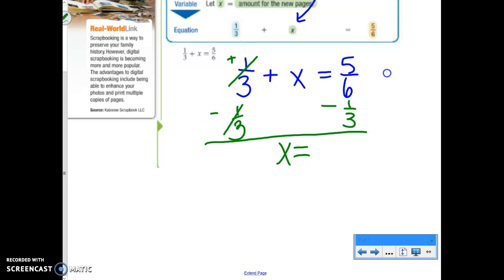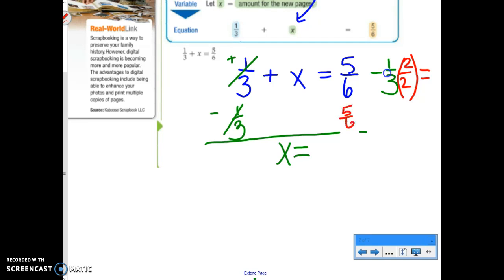But keep in mind that, and actually I'm going to write it over here so it's easier for us to see, if I subtract 1/3 from this side, remember that we cannot add and subtract unlike fractions, okay? So in order for me to come up with a common denominator, I have to find that least common multiple between those two, which would be 6. So I have to multiply the numerator and the denominator by 2 to come up with 6 as a denominator.